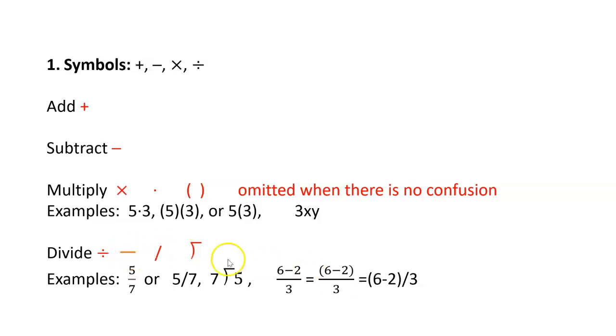But if the division symbol is a horizontal line, like the fraction symbol, we actually consider everything on the top together, and everything on the bottom together. So even though we don't have parentheses, we think of the top as bound together in a pair of parentheses. So we actually have to work out everything in the top and everything in the bottom before we do this division. So let's take a look at the order of operations.